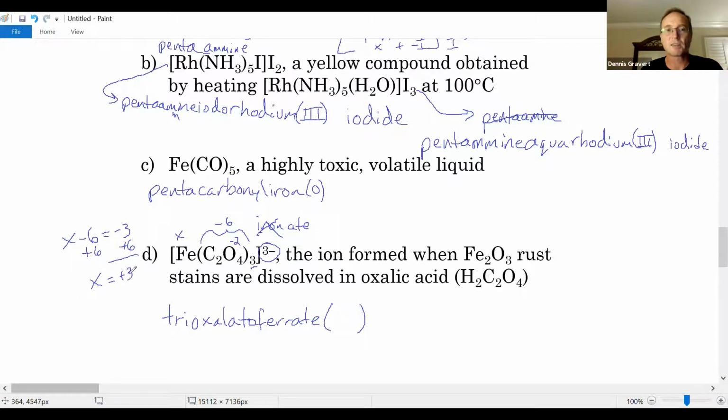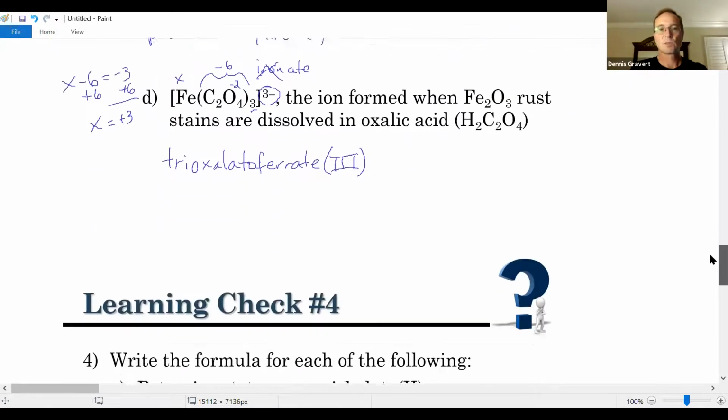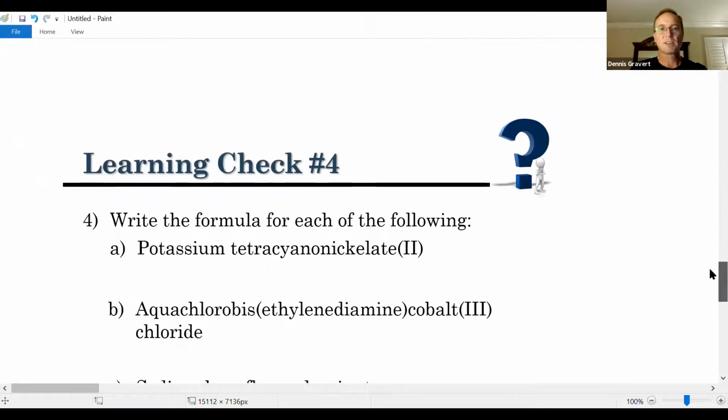X equals a +3. X, iron, is a +3. So isn't that weird? The iron has a positive oxidation number, but because the whole complex ended up negative, that required us to add the -ate ending. Cool. All right, learning check number 4.